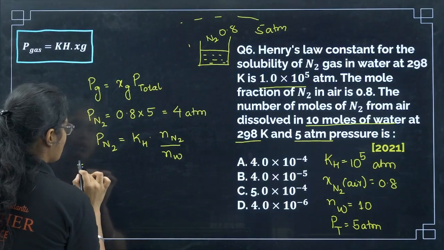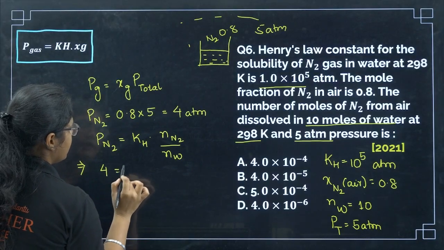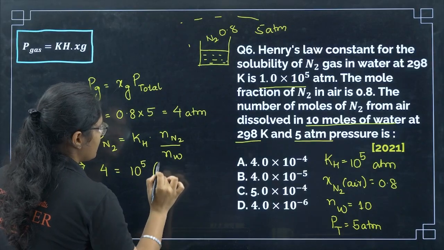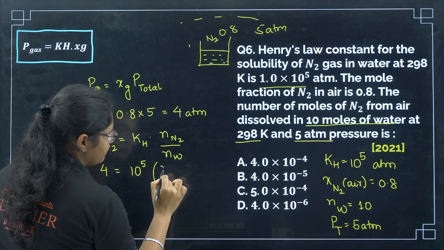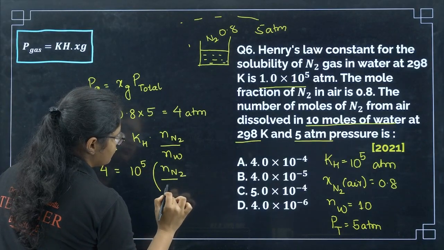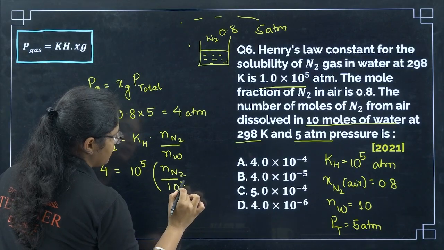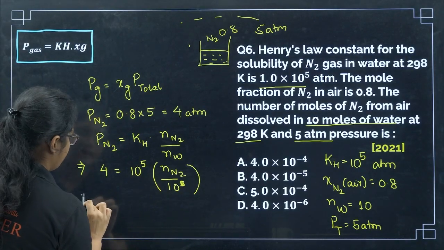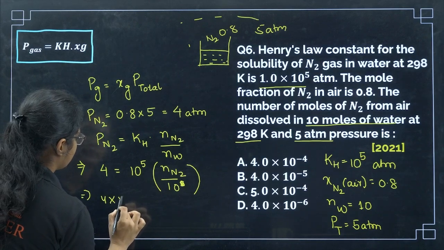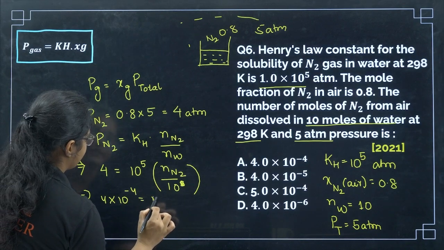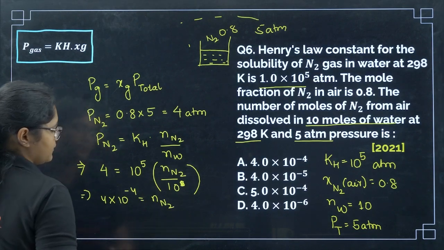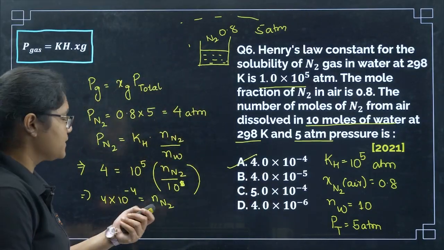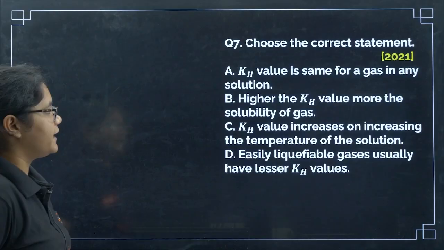Now if I solve this, it becomes 4 into KH value, which is 10 to the power of 5, into number of moles of N2, which I have to find out, divided by number of moles of water, which is 10 to the power of 10. So this can get cancelled. I will get 4 into 10 to the power of minus 4 as number of moles of N2. So that is your option A here. Clear?